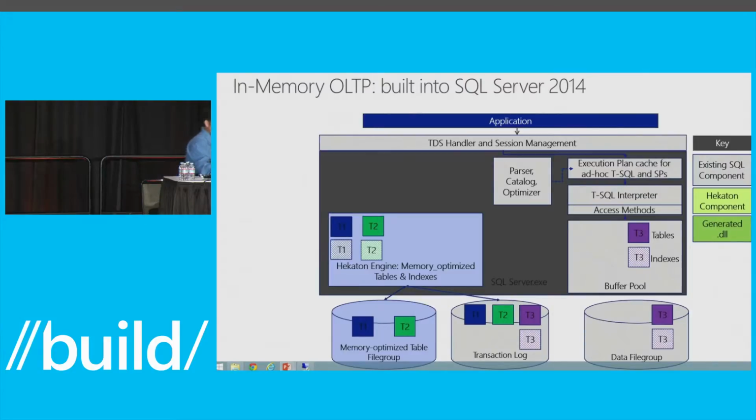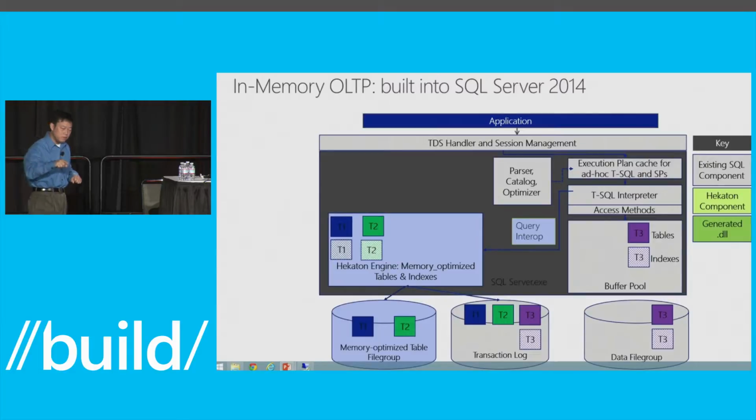So how do you access those tables? This is where it becomes interesting between the engines. I said it's a hybrid engine. If you are familiar with SQL Server or any database engine, there are usually 2 layers of the engine. We call one the storage engine, which manipulates the data at the basic level, and then you have a relational engine, which figures out the execution plan, the query optimizer, et cetera.